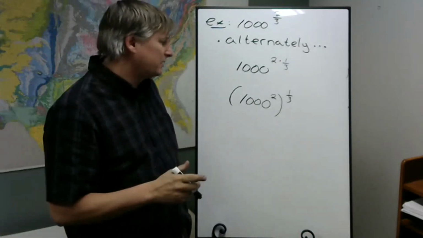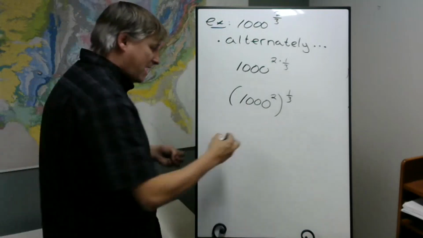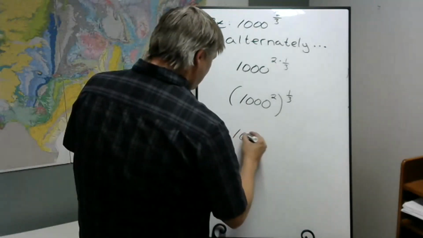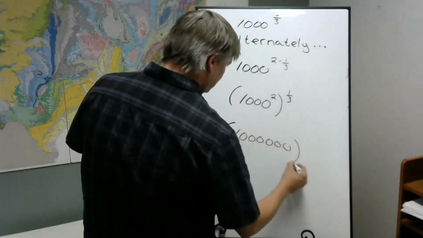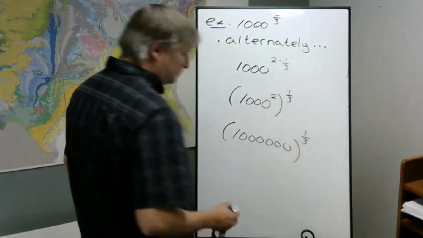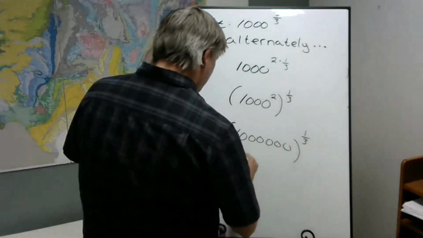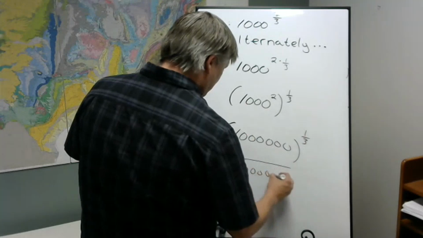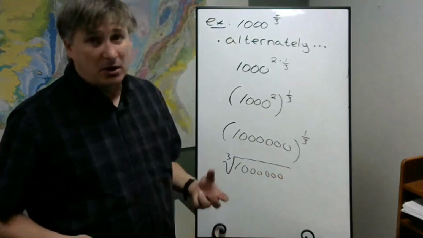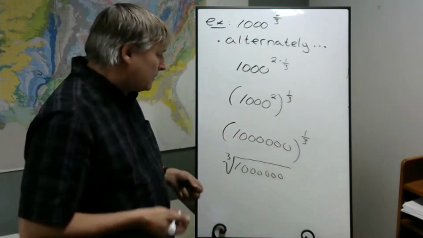Another thing to keep in mind is I have to deal with 1,000 squared. 1,000 squared is 1,000,000. So now I have to take the 3rd root of 1,000,000. So in this example, both approaches are valid. We don't accidentally take the root of a negative number.